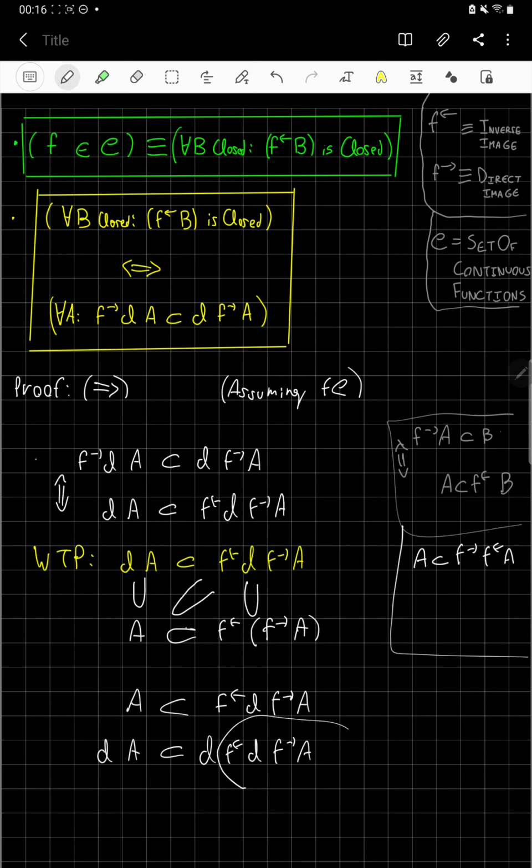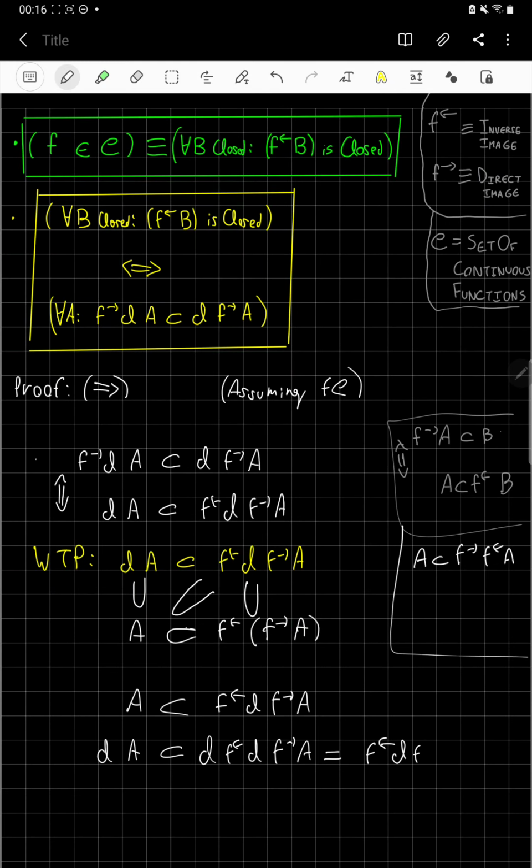We know that this is a closed set because it's an inverse image of a closed set. This is a closed set because it's a closure. And so this is equal to this.